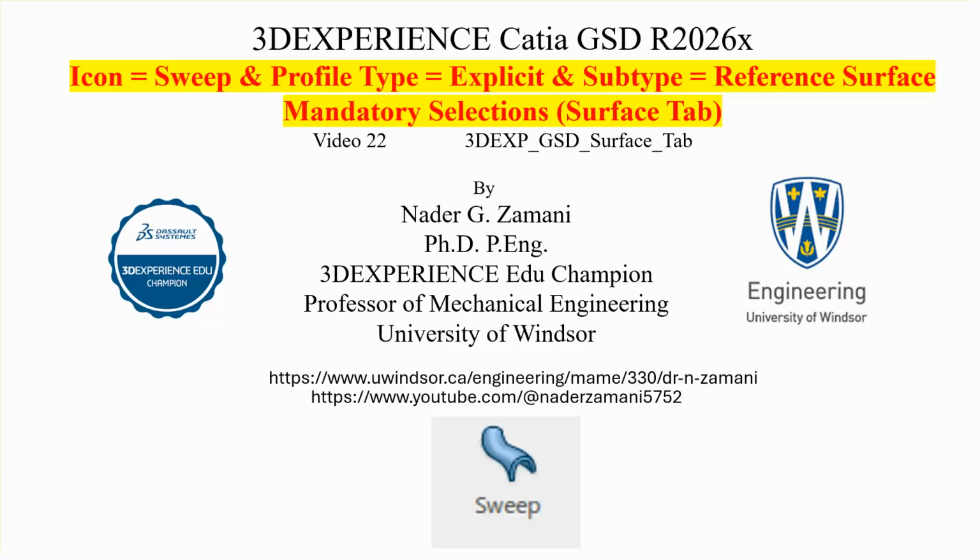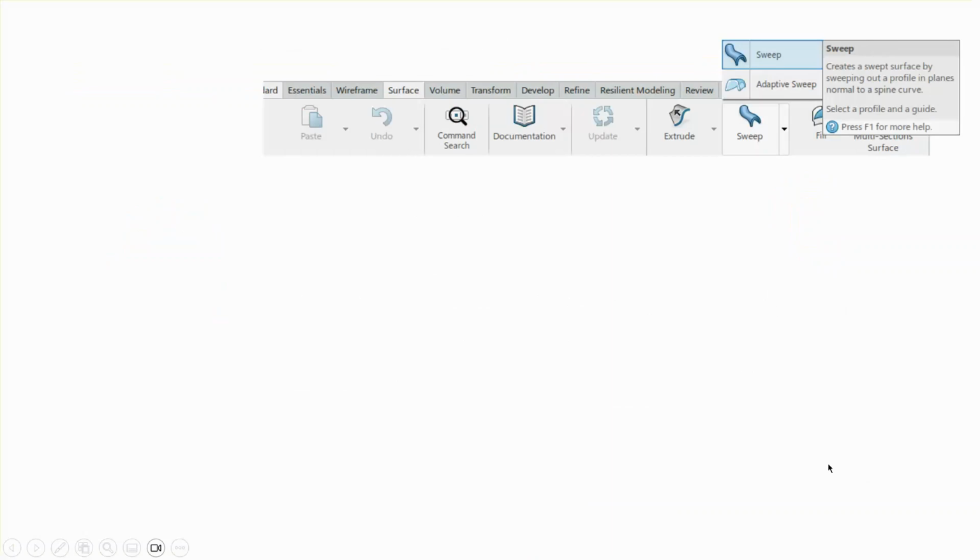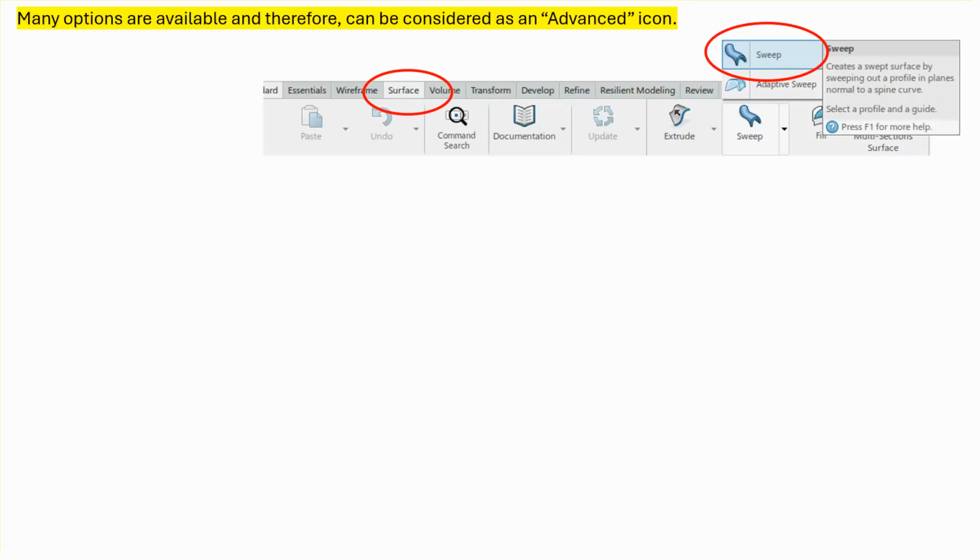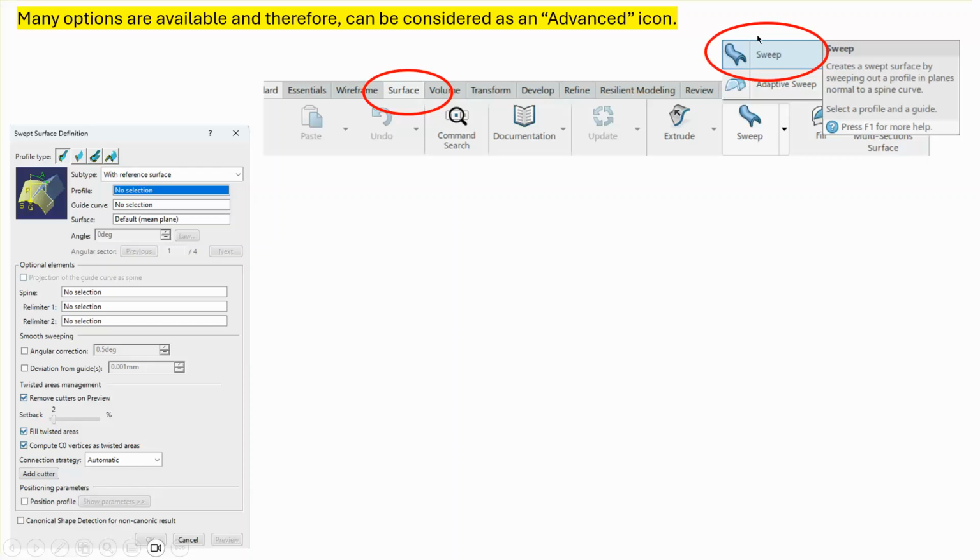Now, when you go to the generative shape design in the 3D Experience CATIA, at the bottom of the screen there is this ribbon, and if you select the Surface tab, you can find the sweep option there.